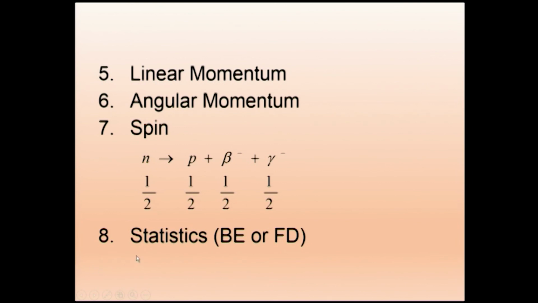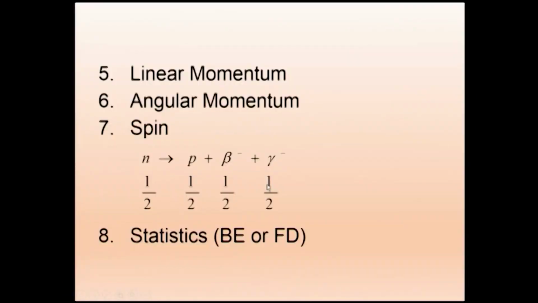Statistics will also be conserved in a reaction. When you involve spin 1/2 particles, they obey Fermi-Dirac statistics, and when the spin is 0 or integral spin, they obey Bose-Einstein statistics. So if the left side has spin 1/2, it obeys Fermi-Dirac statistics, and the right side is also 1/2, so we get Fermi-Dirac statistics.